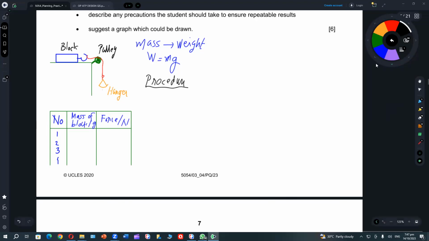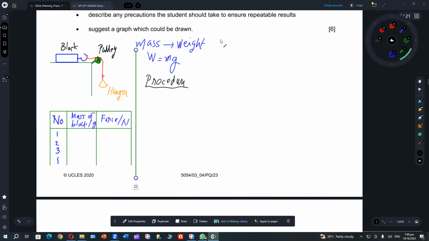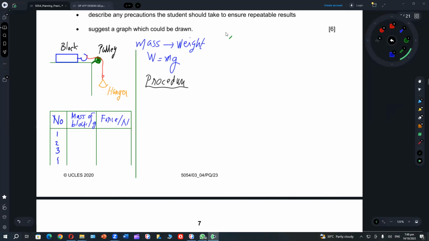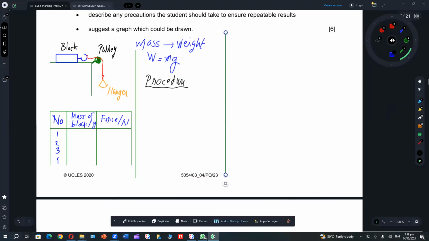Now, what would be the procedure? We will tell the examiner that we will arrange the apparatus as shown. This is our apparatus. This is the procedure. Give the heading procedure.